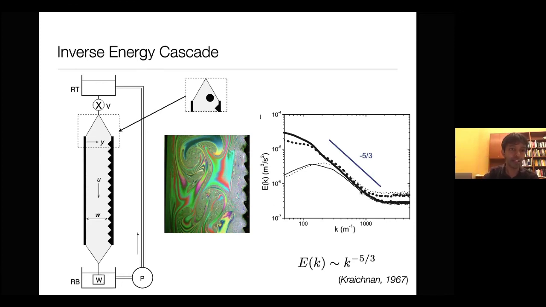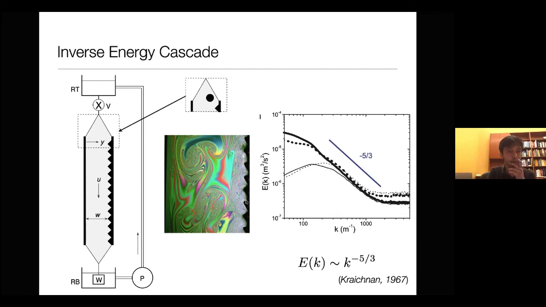We have not been able to pin down what the forcing wave number is in this experiment. However, we did some simulations where we forced turbulence at a given wave number, and we were able to verify it. But in this particular experiment, we know the upper limit for the forcing wave number, but we don't know what exactly it is.